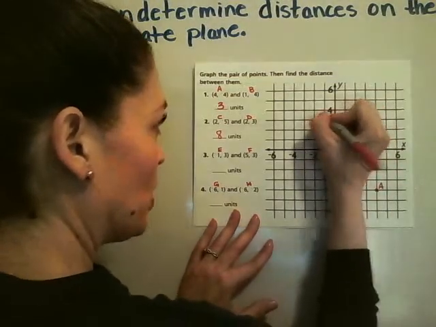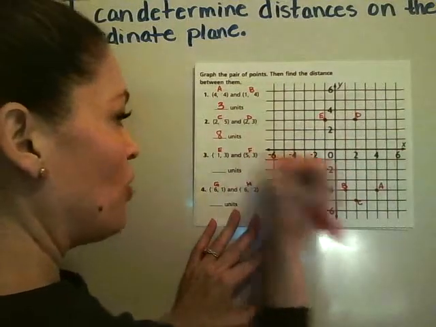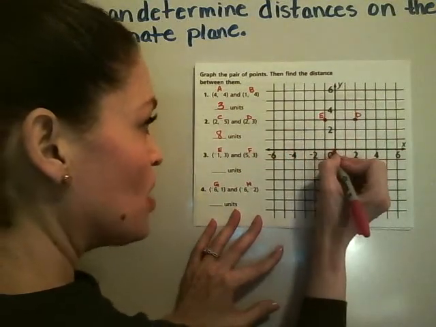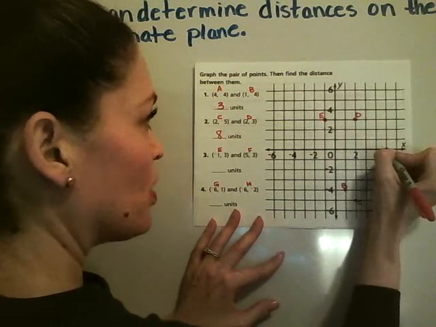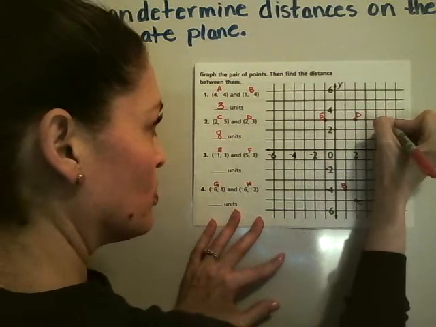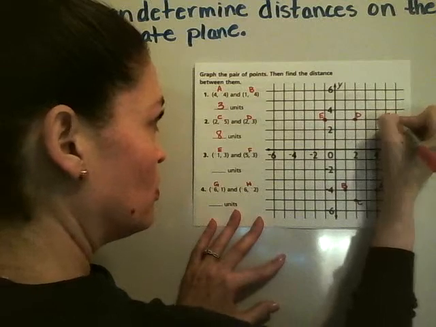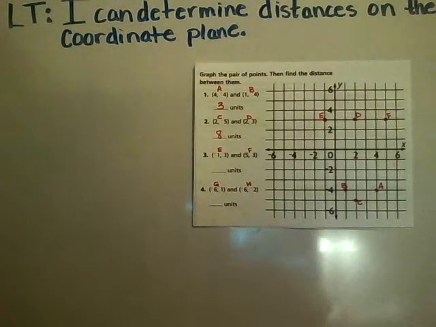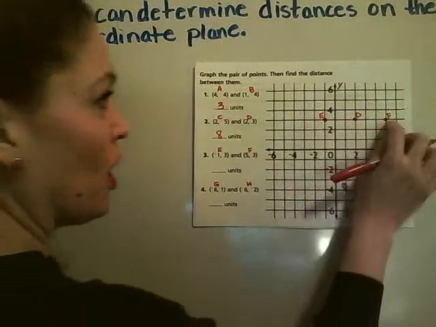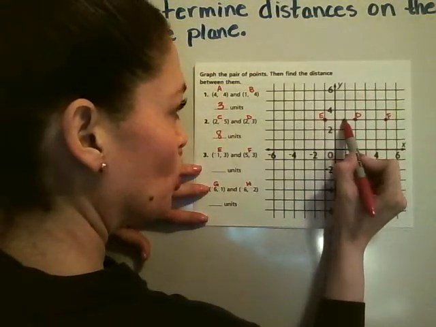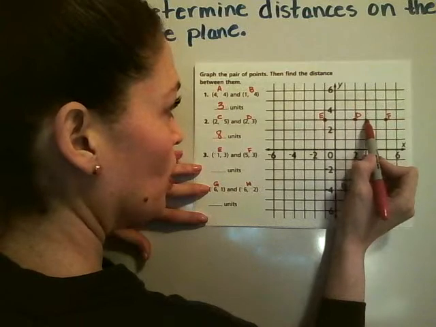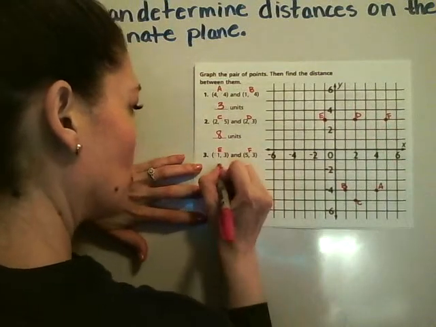Your E should be right there. F is +5, so that's going to be between 4 and 6. And then go up 3. That is F. And now I'm counting the distance between E and F, which is going to be 1, 2, 3, 4, 5, 6 units.